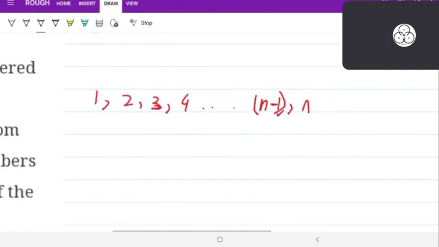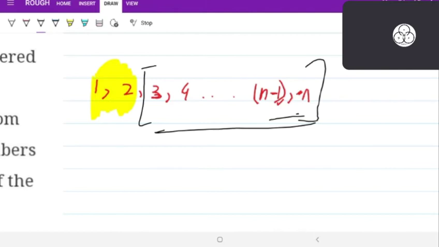Now, let me again move on to the first case. In this case, when I am picking out the minimum numbers, what will be the sum? This will be the largest. Now, what will be the value of this sum? Just find out the sequence value.